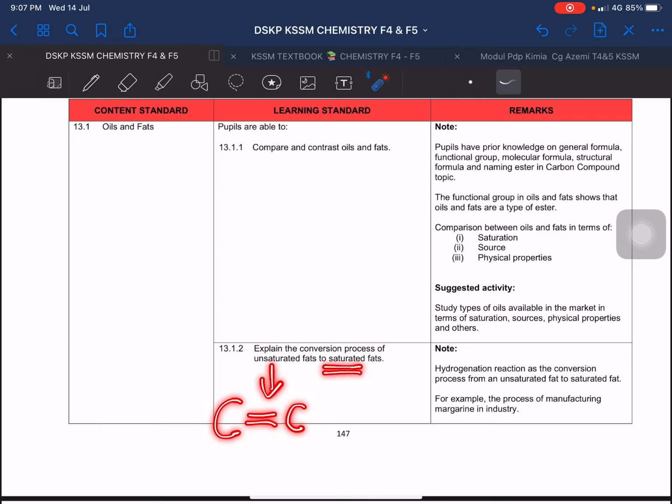If you see saturated, itu maksudnya ada single bond di antara carbon atom. So same goes to fats lah. If you see unsaturated fats, means dalam dia ada double bond. Ini tiada double bond.